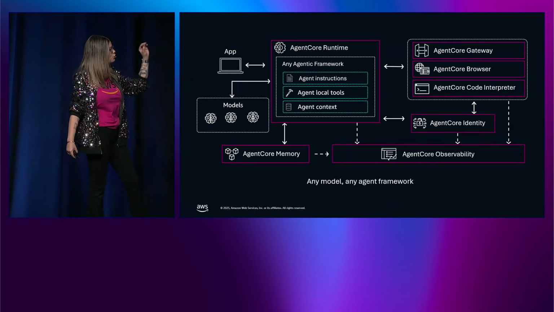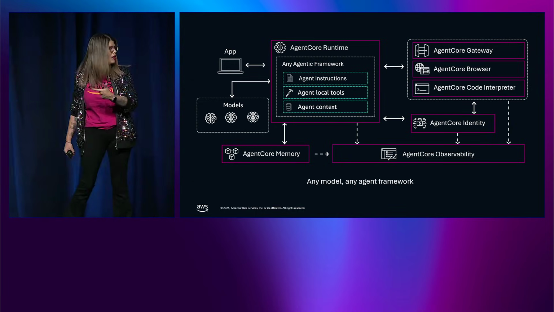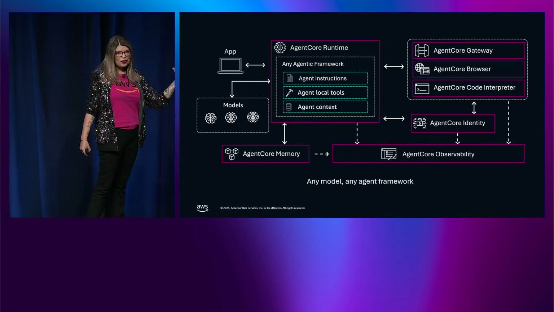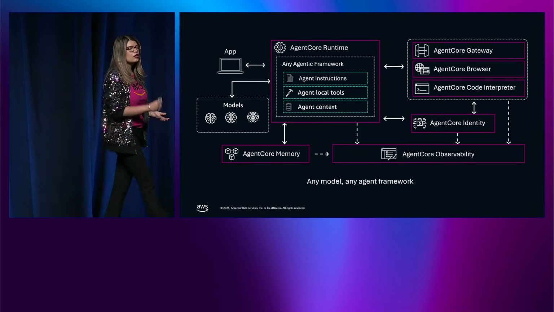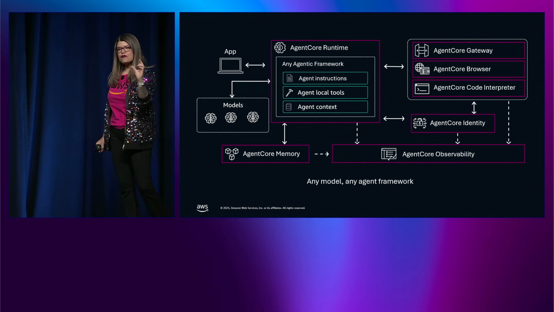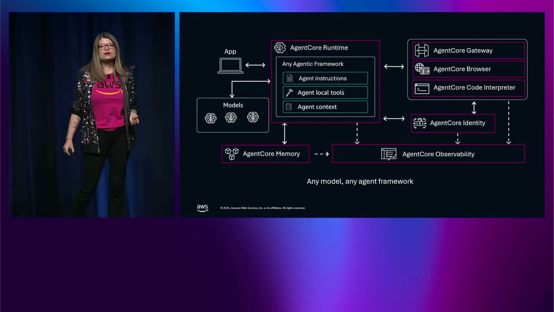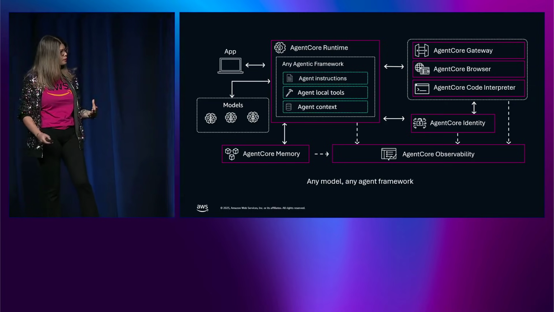The identity to control the security in this flow, for inbound and also for outbound. The memory for contents, and the observability, so we can check that every single component and every session ID is behaving as we expect.